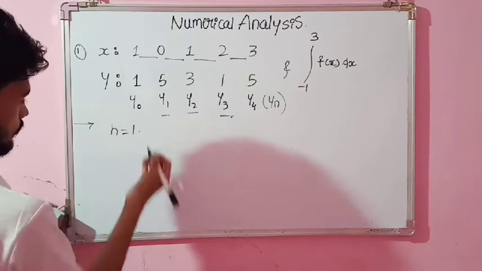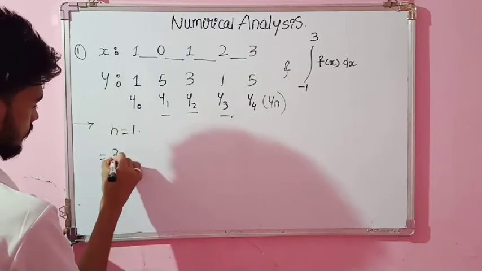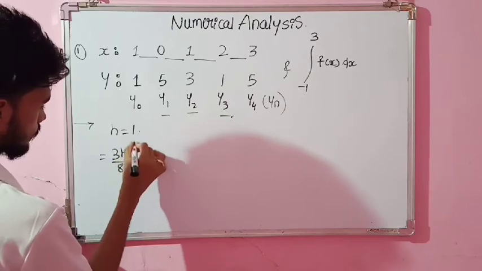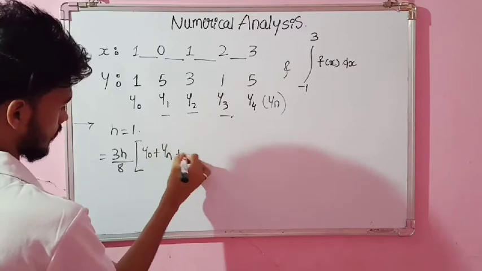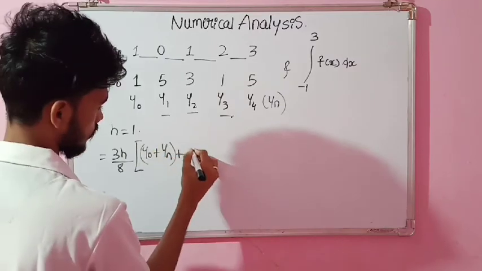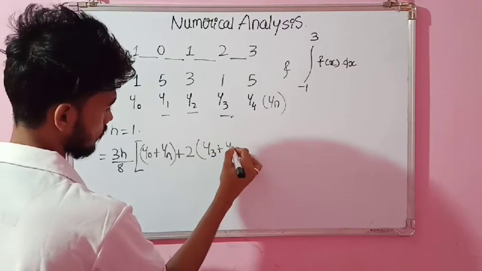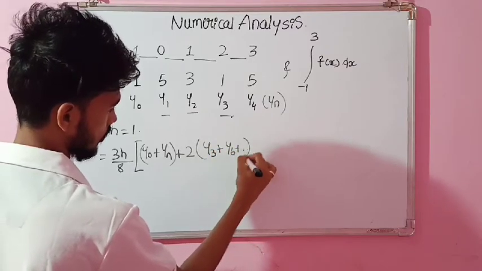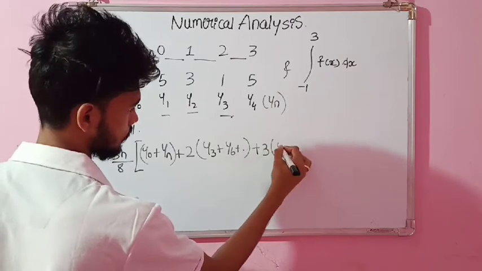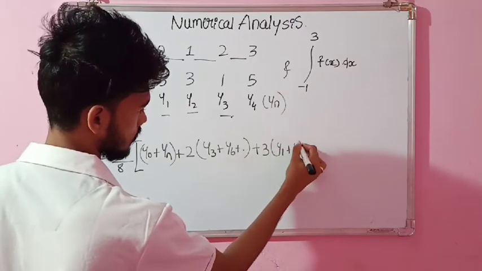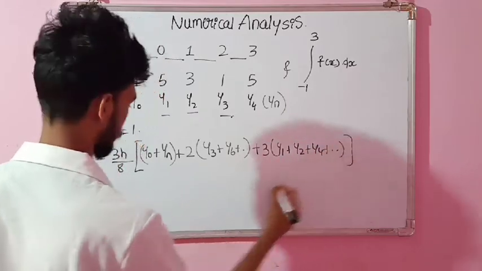The value of h is equal to 1. Simpson's 3/8 rule is given by 3h by 8 into y0 plus yn plus 2 times y3 plus y6 and so on, plus 3 times the remaining terms y1 plus y2 plus y4, and so on.